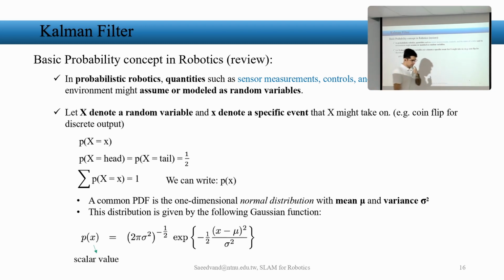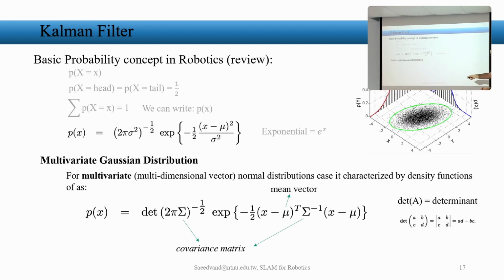Later on, I started to talk about the basic probability concepts in robotics, and we talked about how, for example, tossing a coin works, and how we can bring it to the Gaussian function form. That Gaussian form in probability can be moved to the multi-Gaussian distribution, so that if we have one variable, one D is like this.